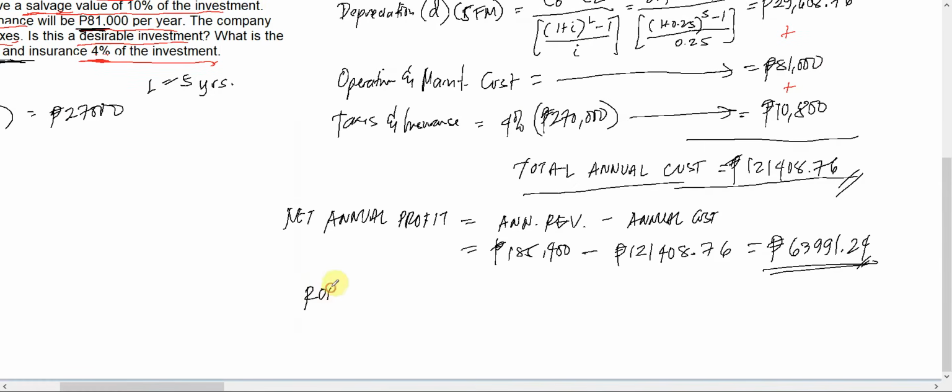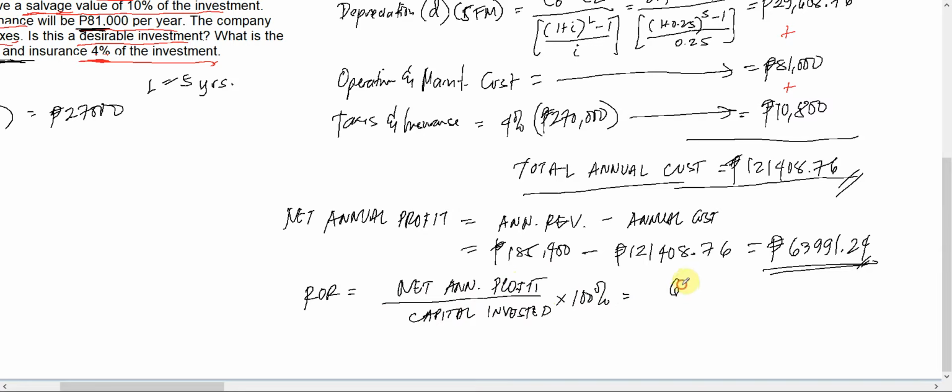Again, ang rate of return is equal to net annual profit over the capital invested, times 100%.